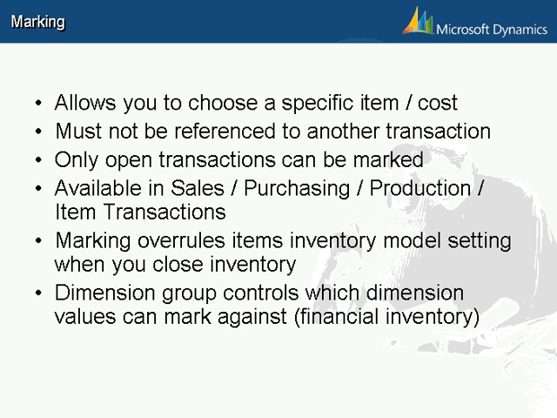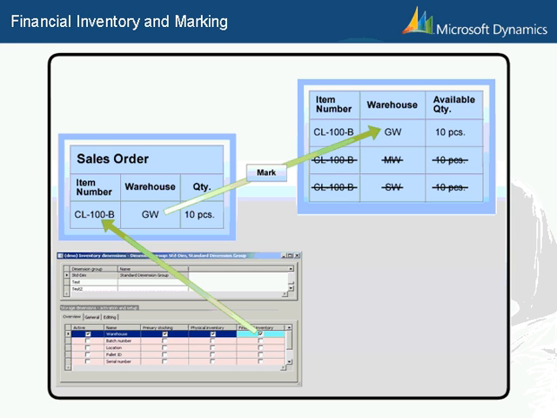During inventory closing, the marking overrules the item's inventory model setting, FIFO, LIFO, and other inventory models that are ordinarily used for finding the cost price for issue. Inventory closing always uses the cost price from the marked receipt.